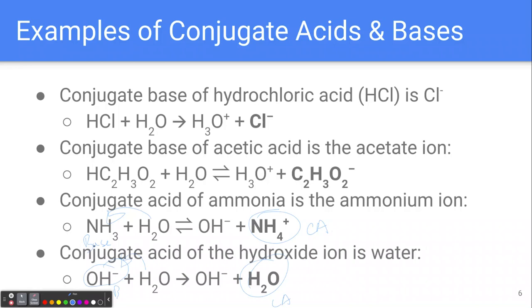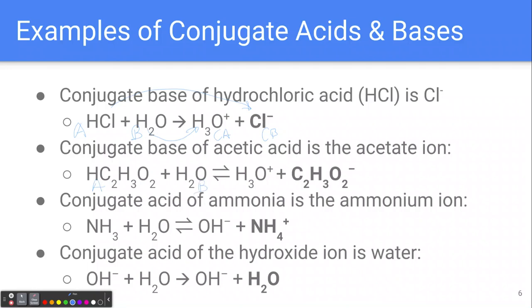Now, in each and every single one of these, we also have an acid or a base. So in the first one, this was our acid. This was our base. And since this turned into Cl minus, chloride, this is our conjugate base, opposite. And then this turned into that, so that's our conjugate acid. And this was our acid.